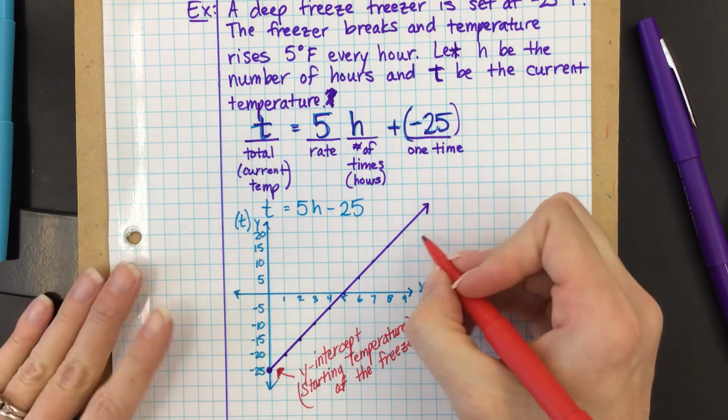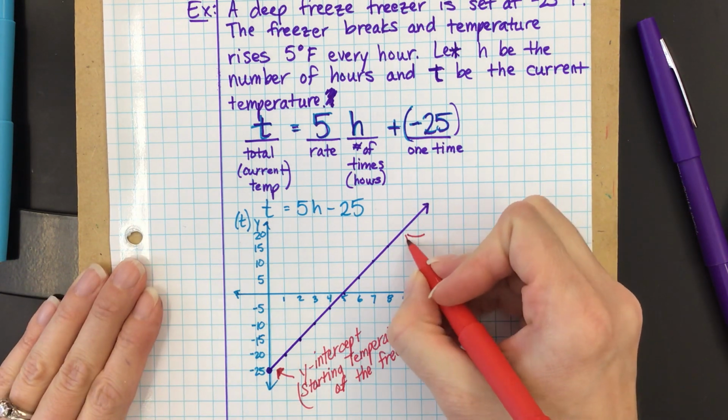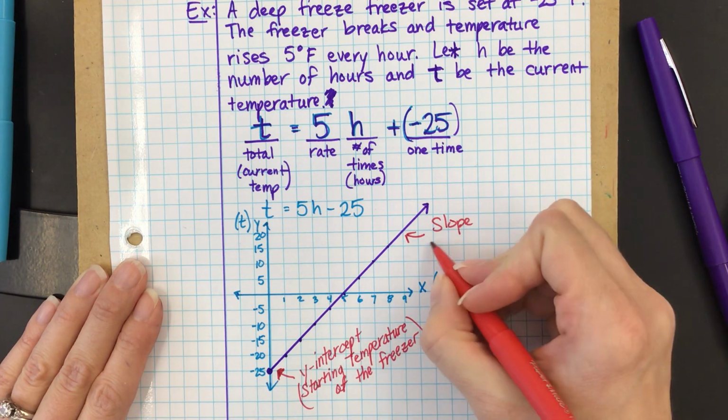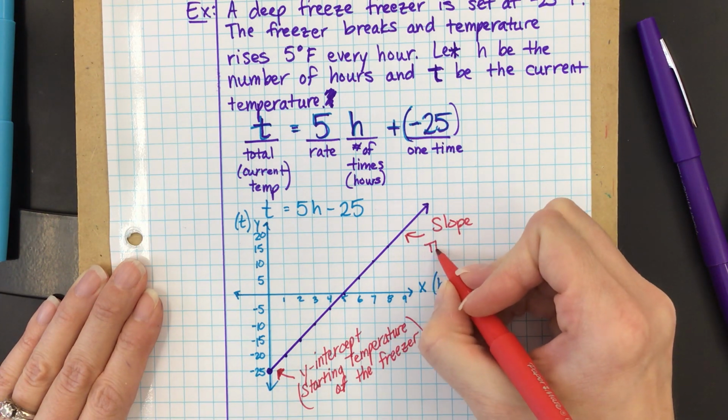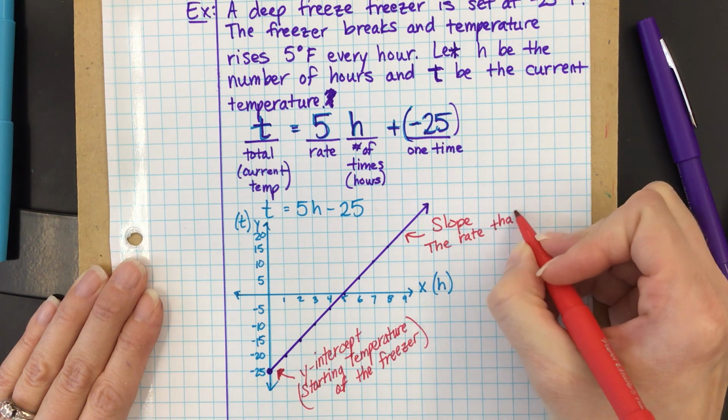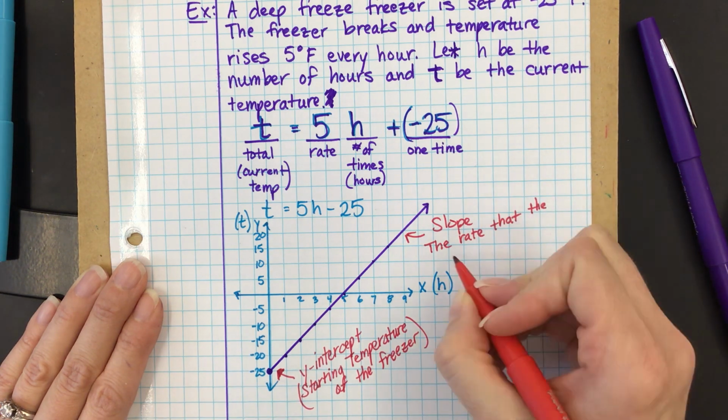And the slope of this line is telling us the rate that the temperature is increasing by.